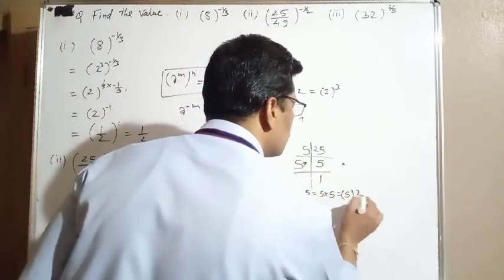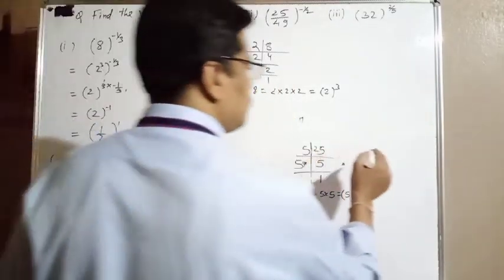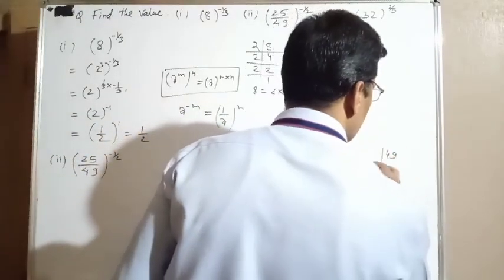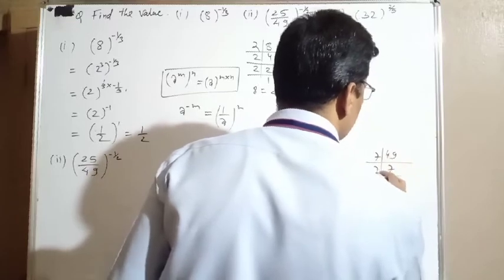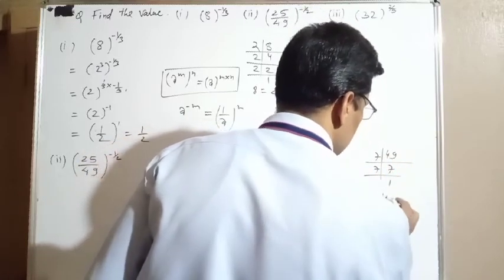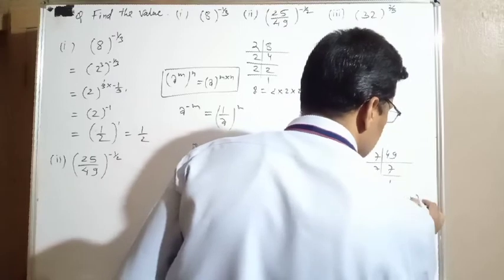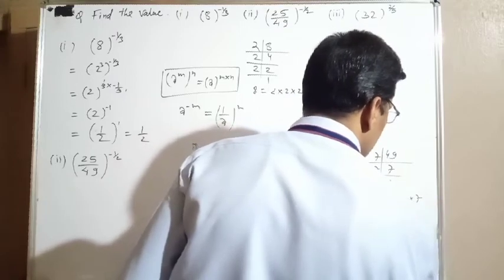We can write it as 5 power 2. And what is the factor of 49? 7 into 7 is 49, prime factors. So we can write here 7 power 2.